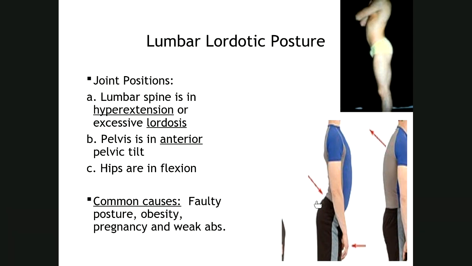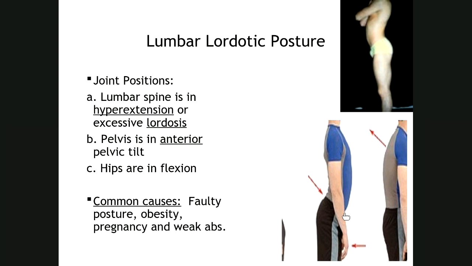So this can be due to faulty posture, obesity. If somebody carries a heavy load, a beer belly in the front, it is going to pull them down, push them into that anterior pelvic tilt, which can have them take this faulty posture, this lumbar lordotic posture.